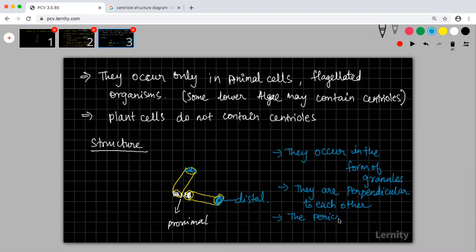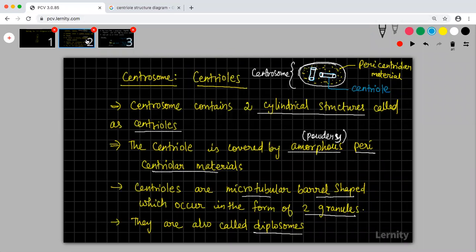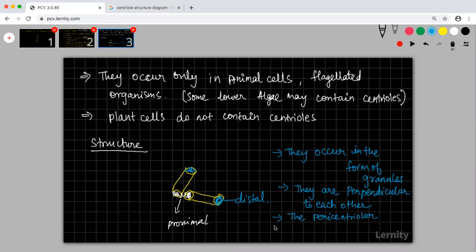The pericentriolar materials are called kinoplasm or centrosphere.